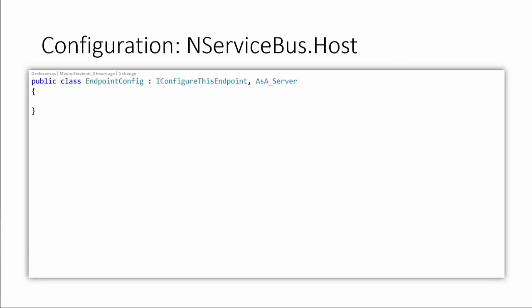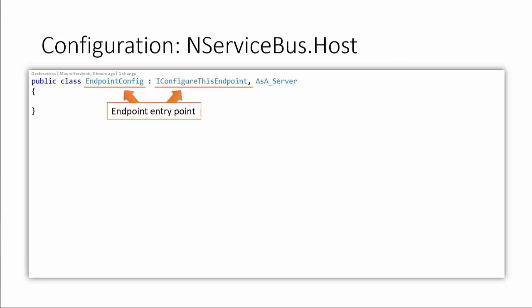But the important thing is that it implements the IConfigureThisEndpoint interface. Once we have defined this class, and once we have added to our project the NServiceBus.Host NuGet package, this class will become the entry point of our endpoint and will be the one that will be scanned by NServiceBus. NServiceBus will look for this class and will use it as the main entry point of our application.